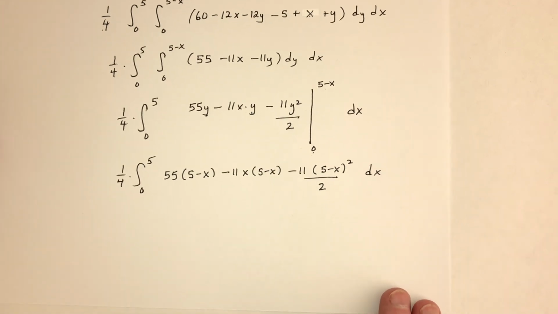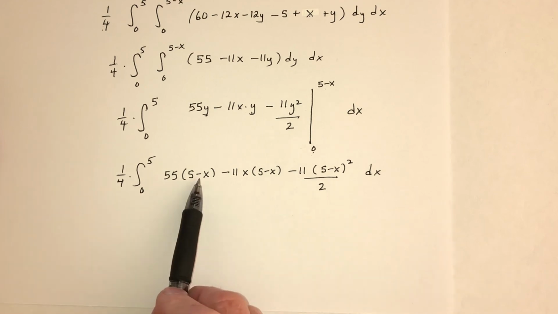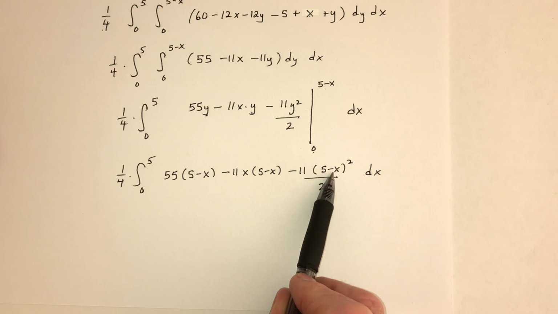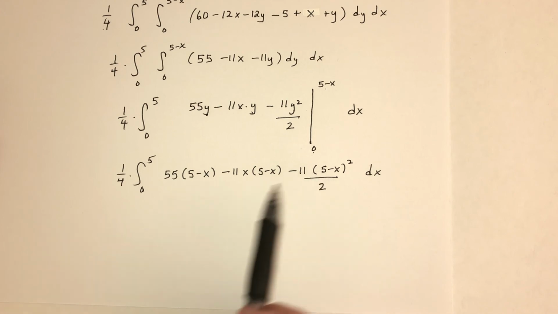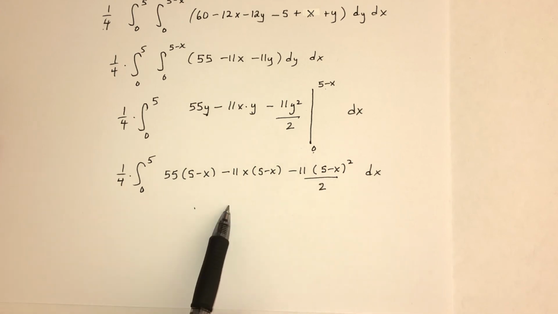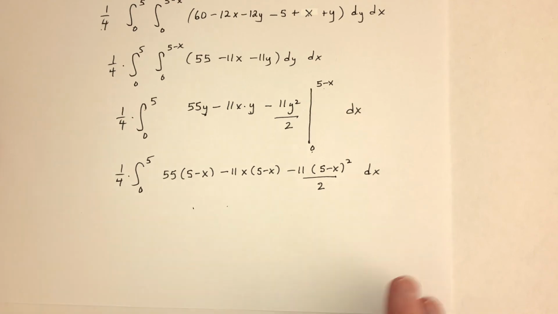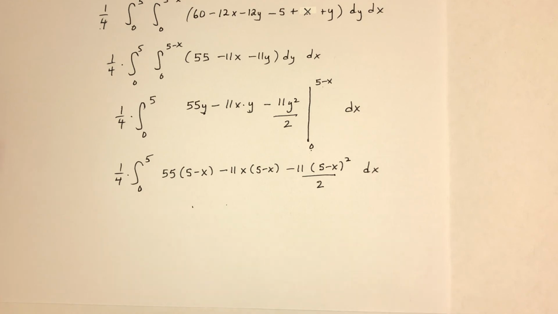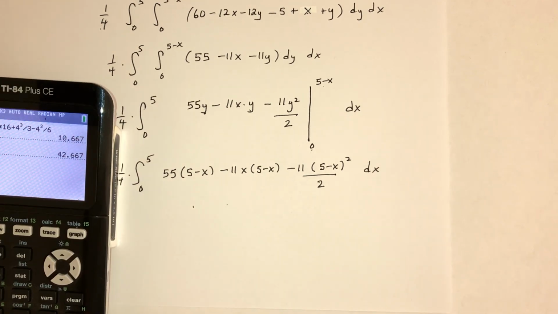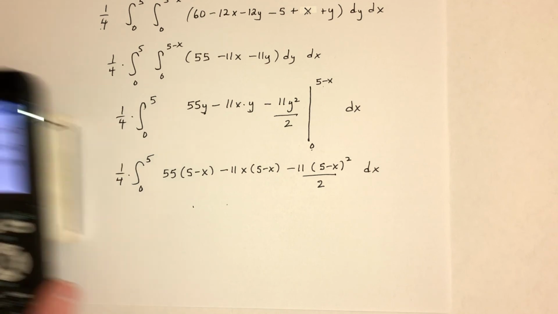So right now I either have the choice of multiplying this whole thing out, or I could factor. But the problem is if you factor, then you would have a function of x times another function of x, which means we'd have to do integration by parts, that's making it even harder than we need to. It would be better to just go ahead and multiply it out. Just go for the pain. All right.